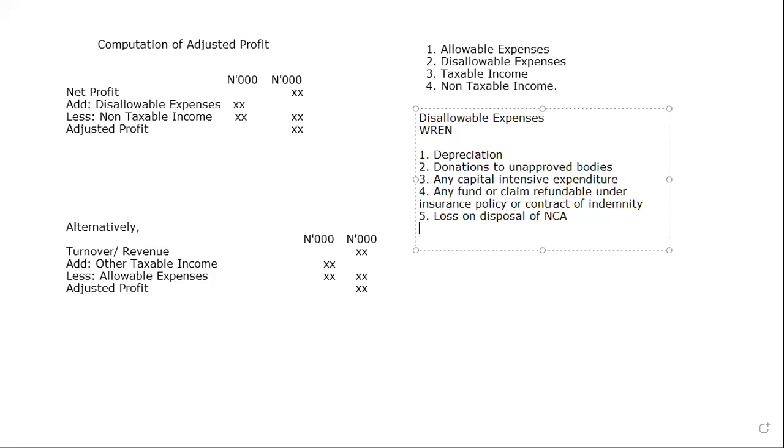Number 6 now: any payment to widows, orphans, or charitable organization not approved by the government.